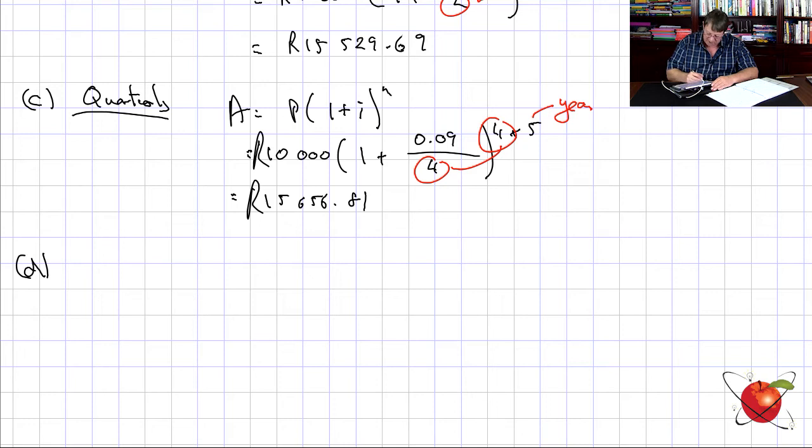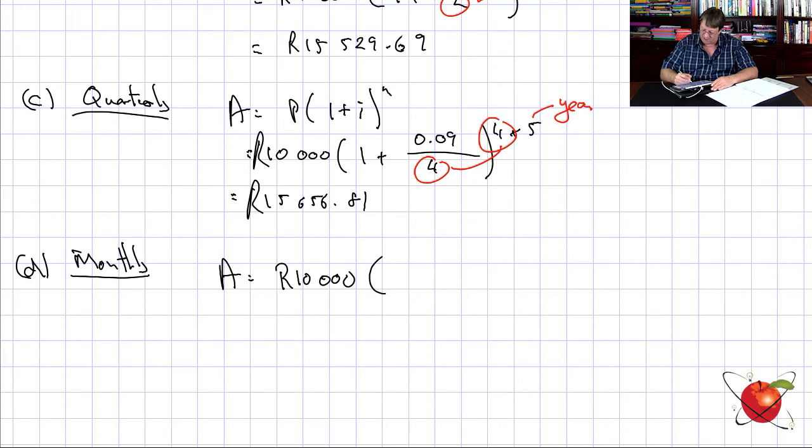Right, and you can see that this is going to become exceptionally boring for you and for all of us. Let's go to daily. Oh, no, sorry, I've got to do monthly and then daily. Monthly is A is equal to, I'm going to put down here now, 10,000 times 1 plus nominal rate, adjusted 12 times 5. All right, and I'm going to highlight again.